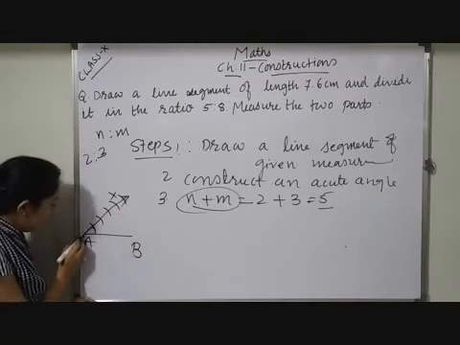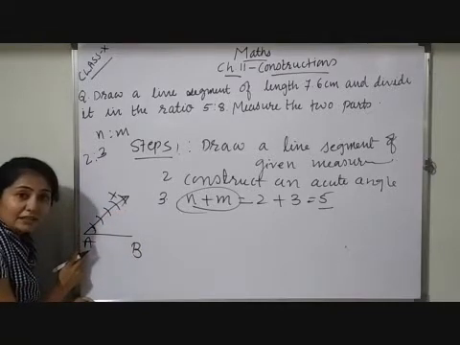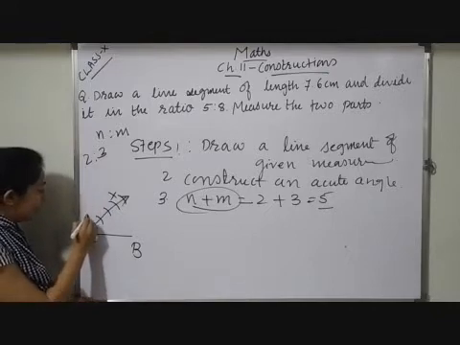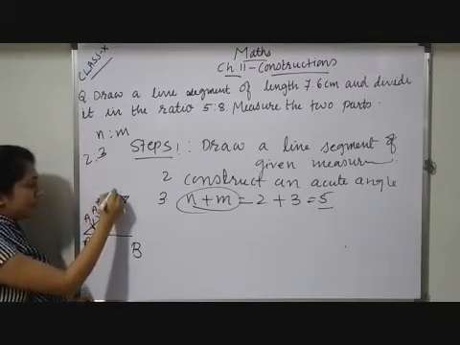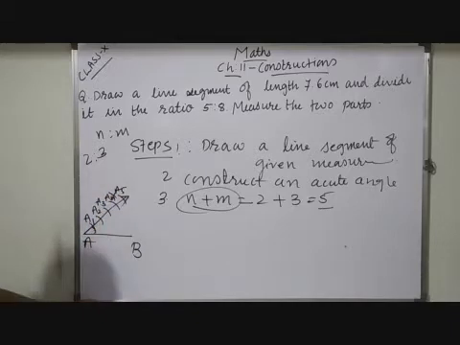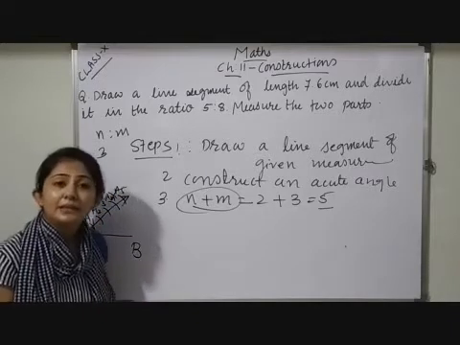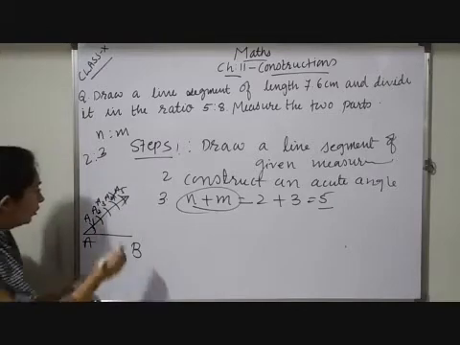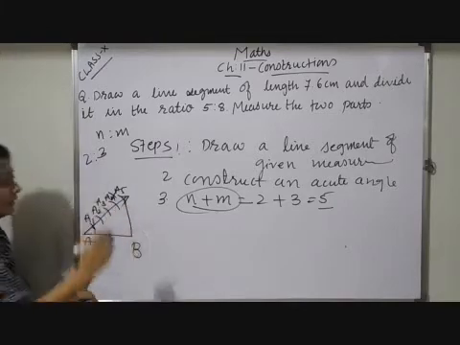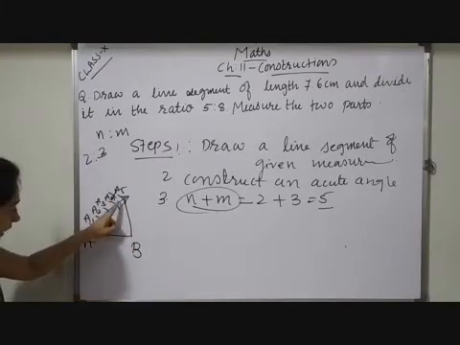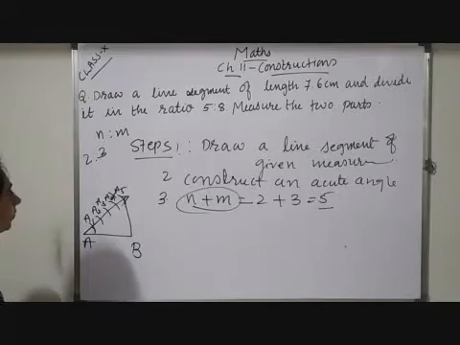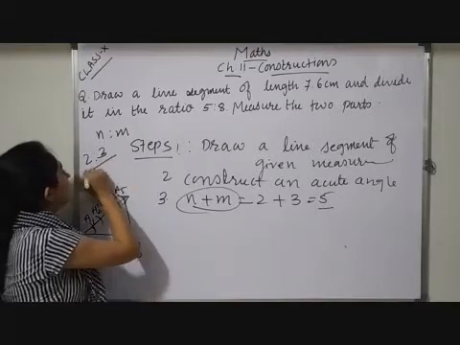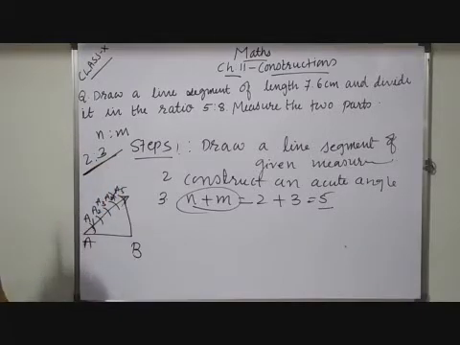Now see, this vertex is my A. So I will name the points A1, A2, A3, A4, A5 like this. Now, after completing this step, what do we have to do? We will join this last point with the end point of your segment. After that, we have to see in which ratio I have to divide, 2:3.